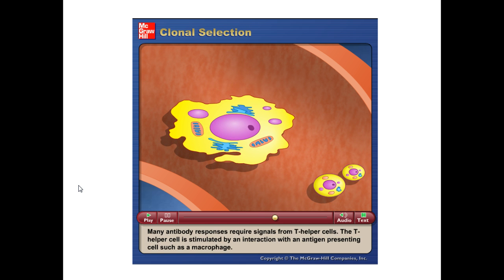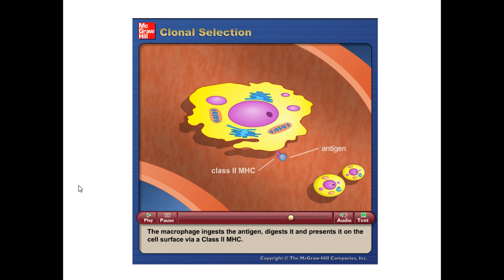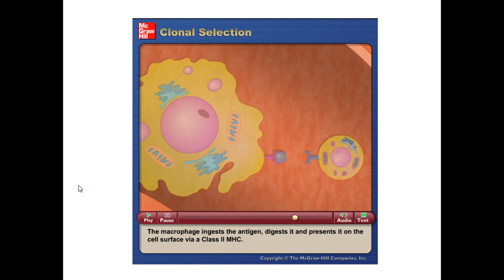Many antibody responses require signals from T helper cells. The T helper cell is stimulated by an interaction with an antigen-presenting cell such as a macrophage. The macrophage ingests the antigen, digests it, and presents it on the cell surface via a class II MHC.